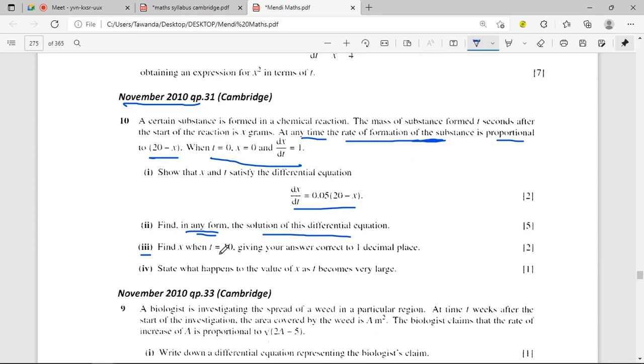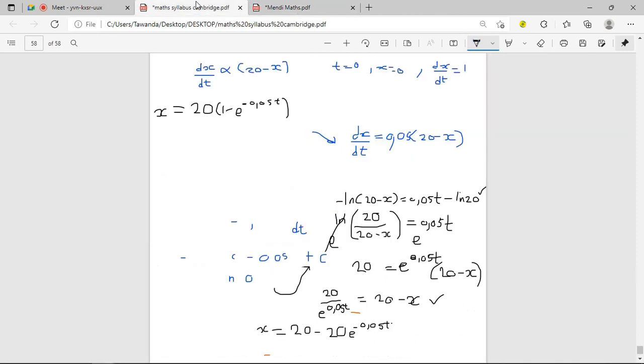Find the value of x when t is equal to 10, giving your answer to 1 decimal place. We want to find the value of x. Let's go back here. What is the value of x when t is equal to 10? Can you go and substitute here? I don't have a calculator here.